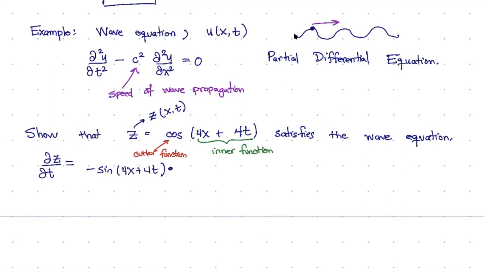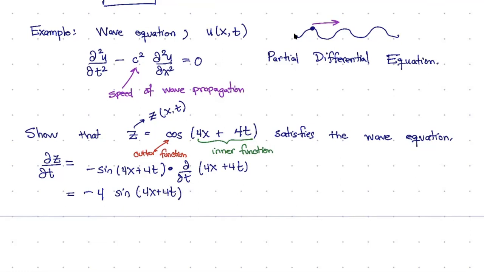times the derivative of the inner function. If I take the derivative of the inner function with respect to t, remember what that means is I'm holding the other variable constant. So the derivative of 4x, since there's no t in it, is going to be 0, and the derivative of 4t is simply going to be 4. And so we end up with negative 4 sine of 4x plus 4t.